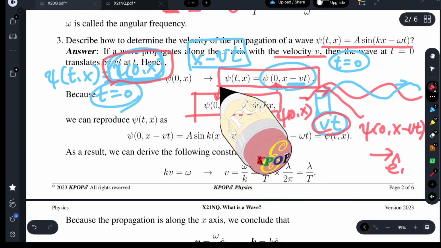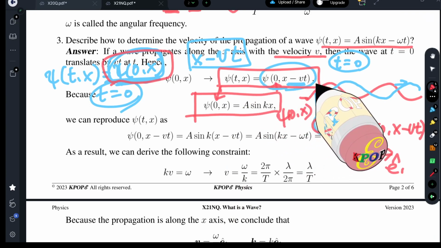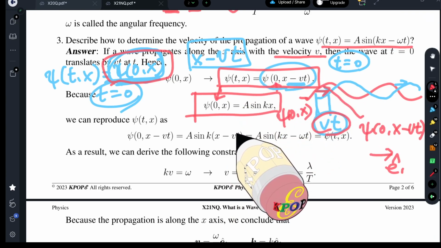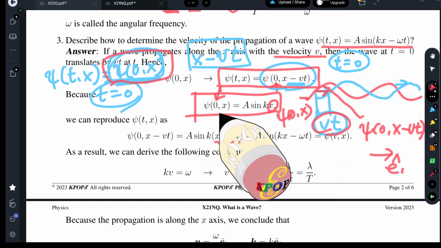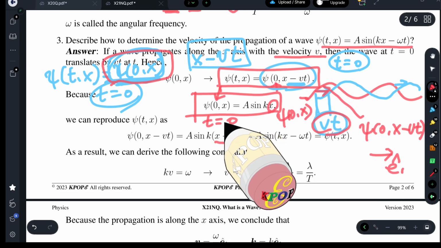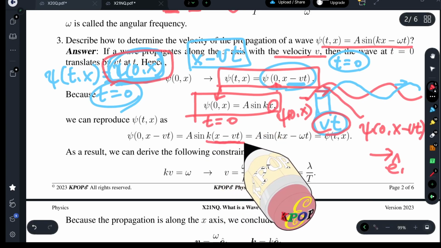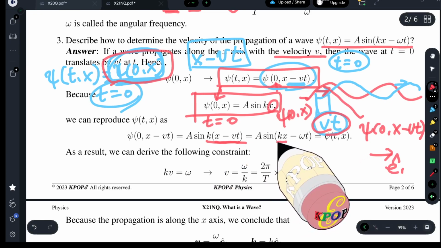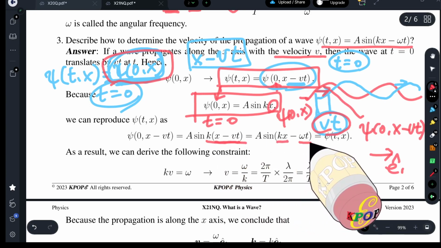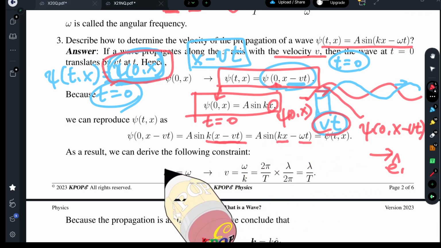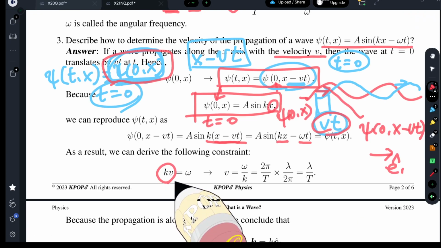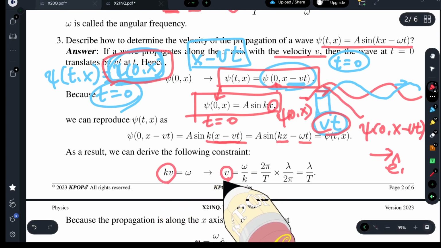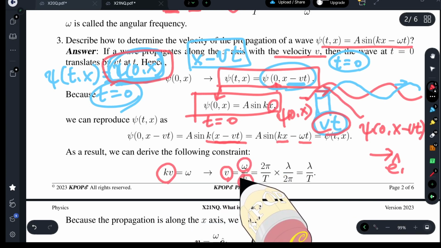Now we require this translational relation at time t, so we substitute x minus vt for x in the distribution at t equals 0. We can expand this to find kx minus omega t, where omega must satisfy omega equals k times v. As a result, this velocity v is omega divided by k.